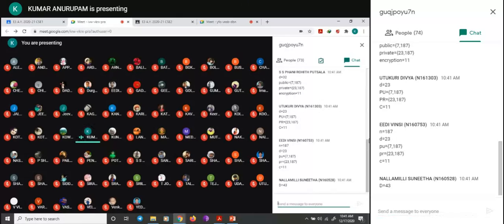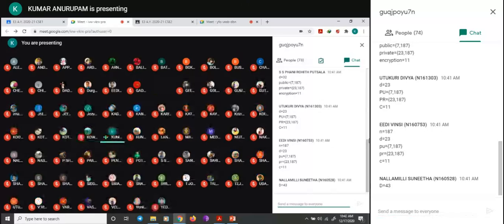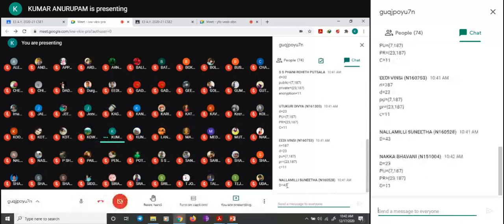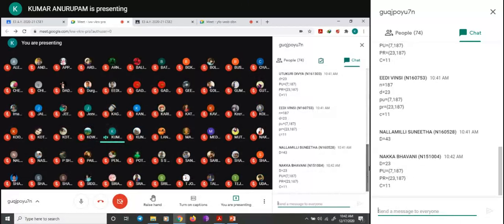So these are the values. C value after encryption you will get as 11. D value is not 43, D value is 23. Sunita, D value is not 43, it is 23. Please check it once.